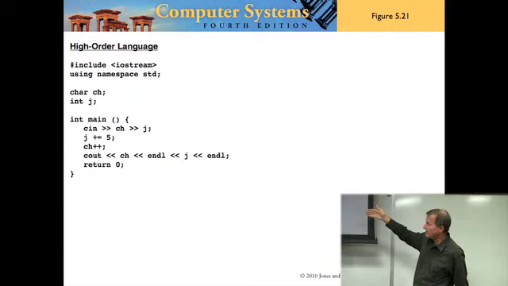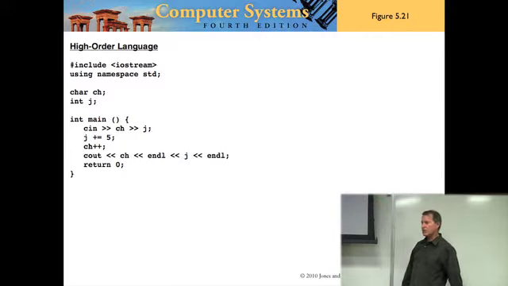Store accumulator J direct. Load byte accumulator. Add accumulator 1. Store byte ch direct. Then character output for the ch, and then a new line character, and then decimal output, and then another new line. Yeah. So we see how to translate that.